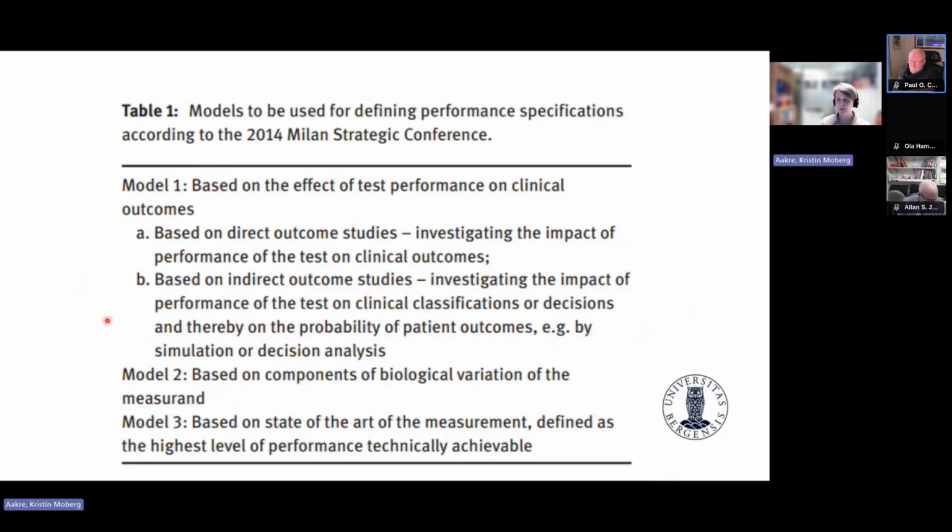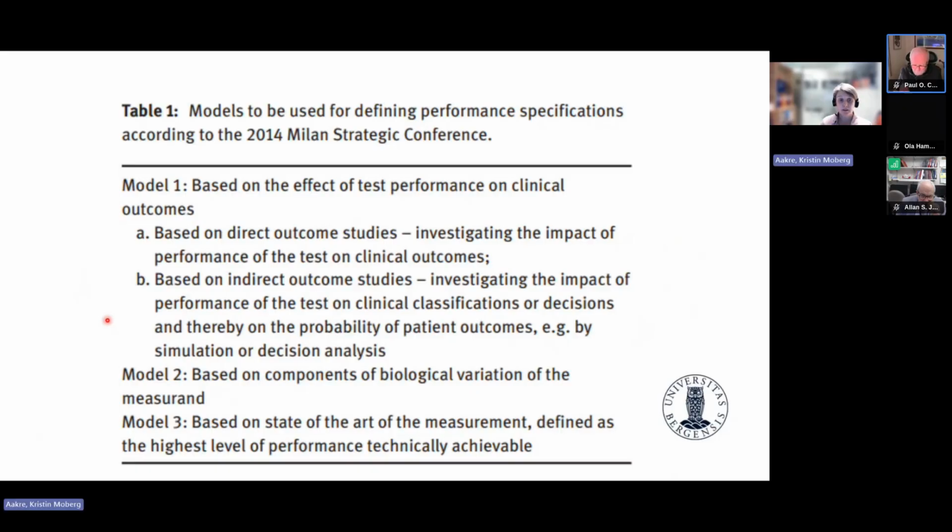It's more common to use indirect clinical outcomes, where we look at how the analytical performance will classify patients, and if the analytical error will lead to misclassifications of patients. That's a much more common way of doing it.